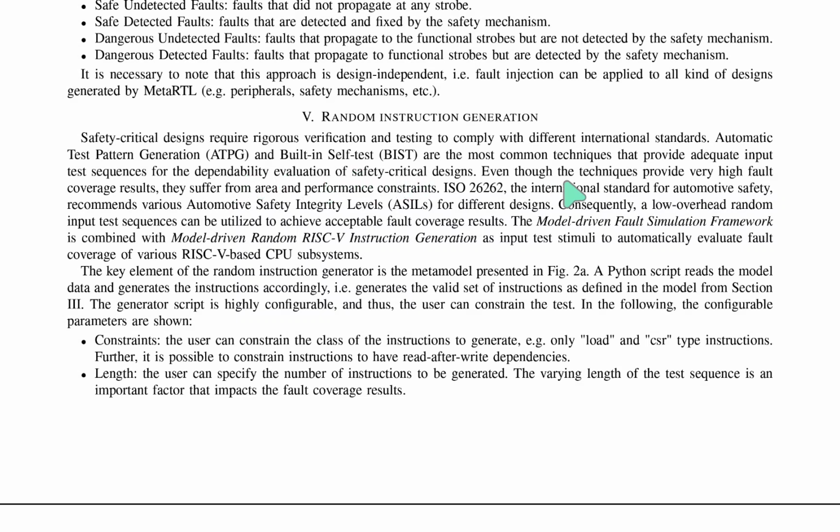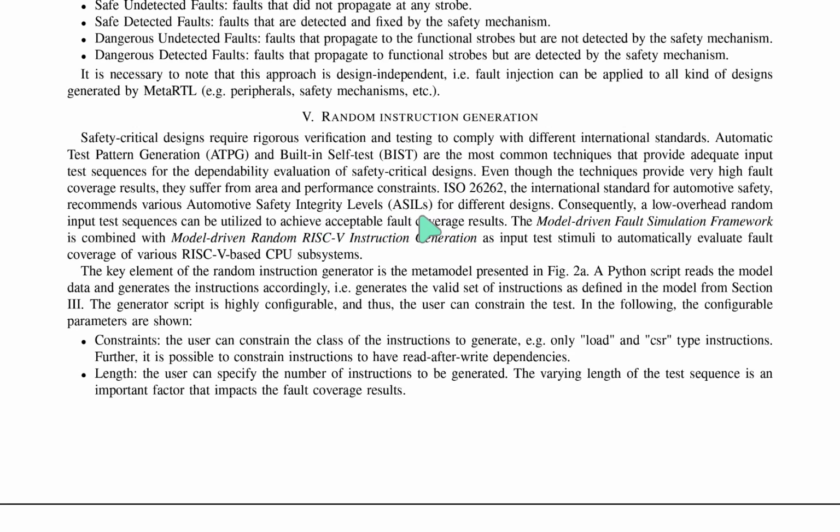Even though these techniques provide very high fault coverage results, they suffer from area and performance constraints. ISO 26262, the international standard for automotive safety, recommends various automotive safety integrity levels (ASILs) for different designs.